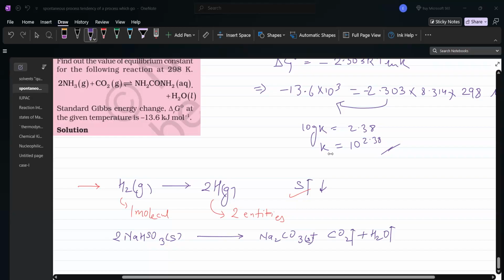Zainab, you can send a message in chat also. See, I'm not asking you all to turn on your cameras. Because if you are giving some responses, then it is well and good for me. Nobody's interested, I want answers from you only.